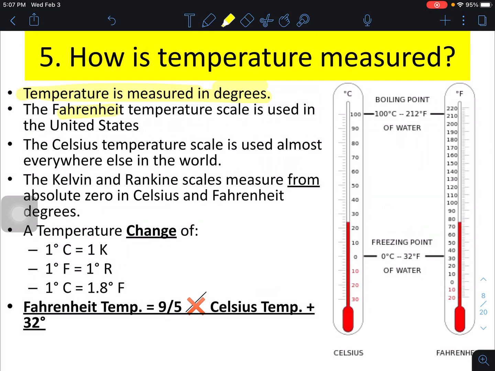We use the Fahrenheit scale in the United States, Celsius scale pretty much everywhere else. In science classes, we almost always use the Celsius scale. We also have the Kelvin scale. 0 Kelvin is also called absolute zero, which means the absence of any kind of molecular motion.